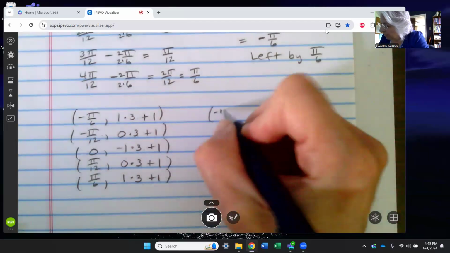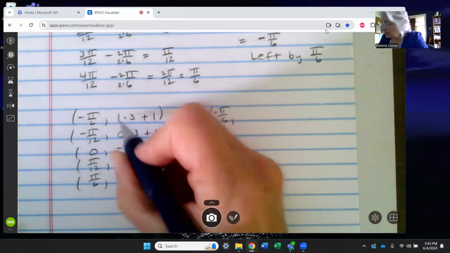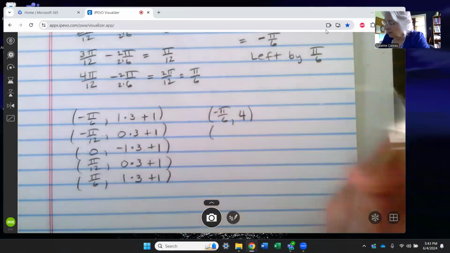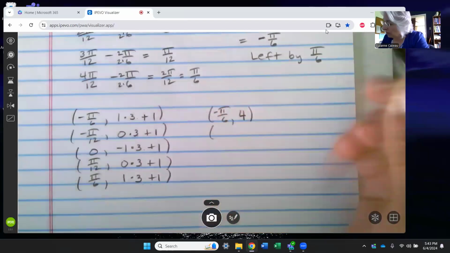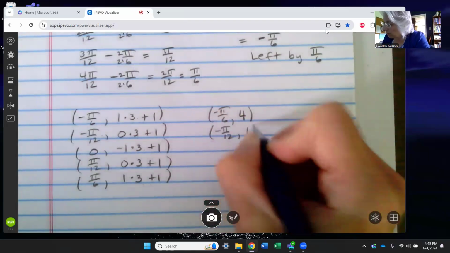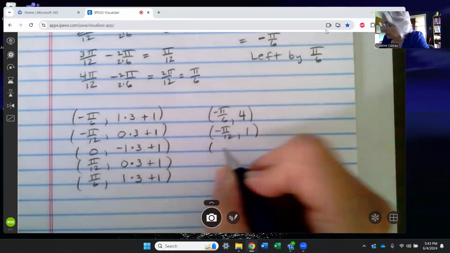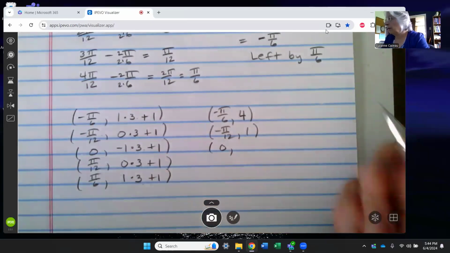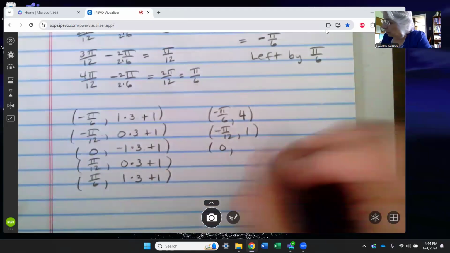We get negative pi over 6, and then this is going to be 3 plus 1 is 4. And then we have 0 plus 1 is 1. So negative pi over 12, 1. And then here we've got 0. We've got negative 3 plus 1, negative 2.